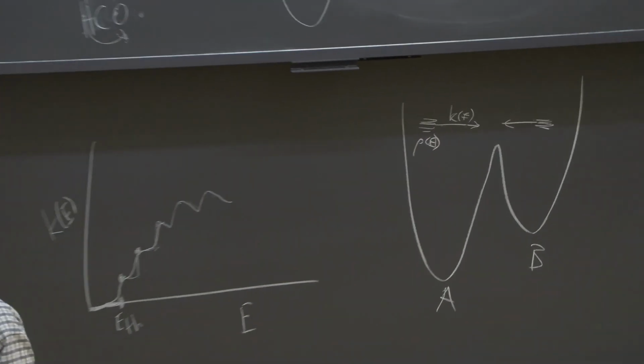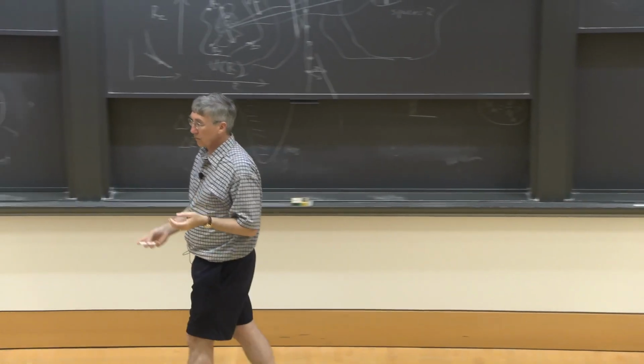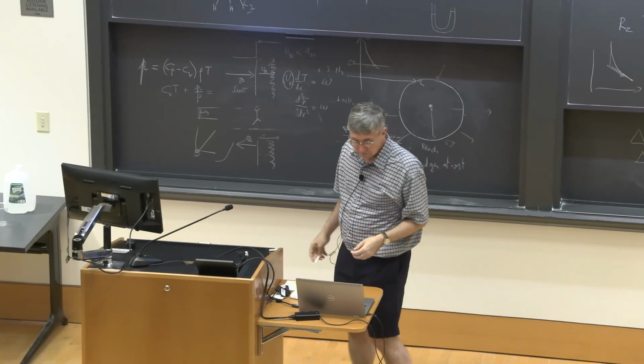It's called detailed balance. And that turns out to be very convenient for some calculations to know that's a real true thing.